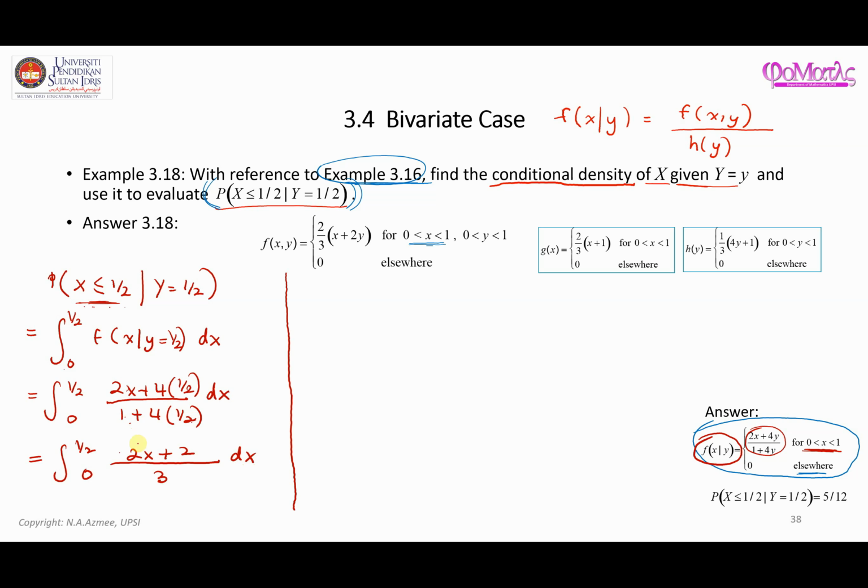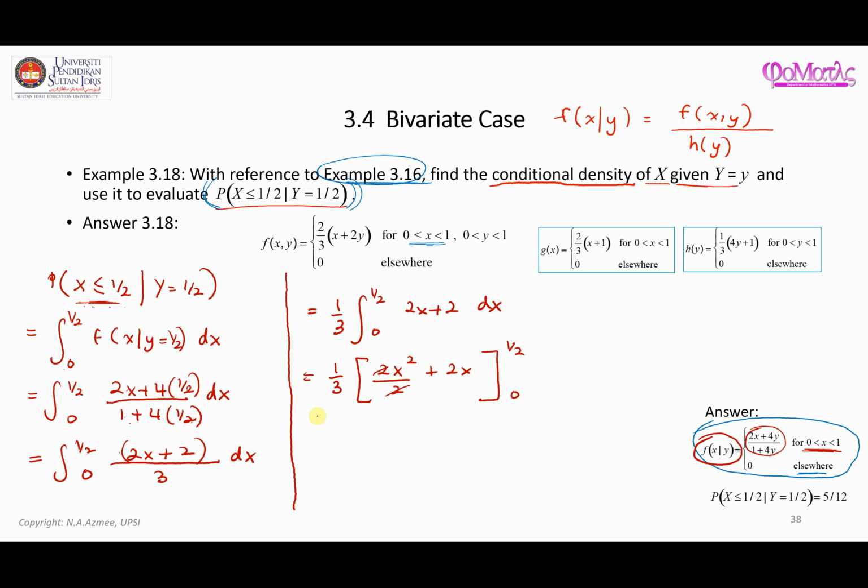Next we can see that 1 over 3 can be taken outside, and we are left with 2x plus 2, and we're just going to integrate that. The result is 2x squared over 2 plus 2x, with limits 1 over 2 and 0. This can be cancelled out.